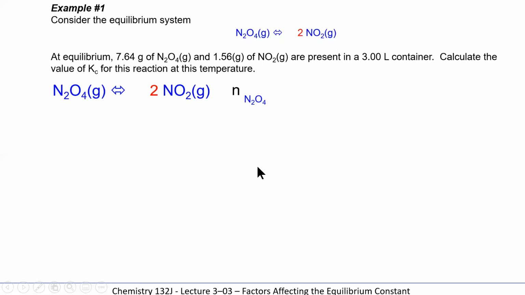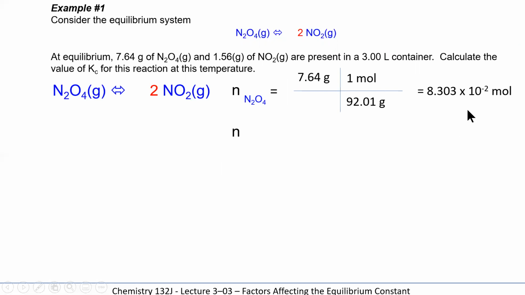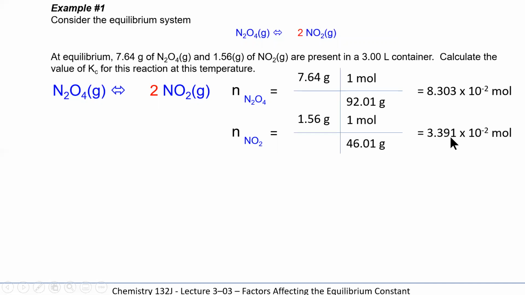First, we must find the concentrations. So the number of moles is equal to mass divided by the molar mass of N2O4. The number of moles of NO2 is the mass again, 1.56 grams, divided by the molar mass of NO2. That's 3.391 times 10 to the minus 2 moles.